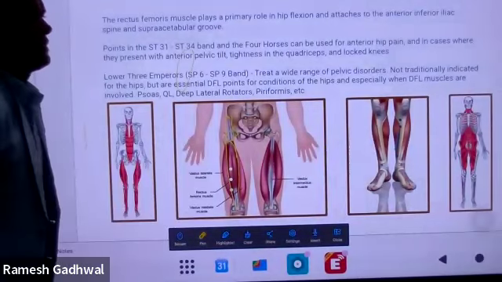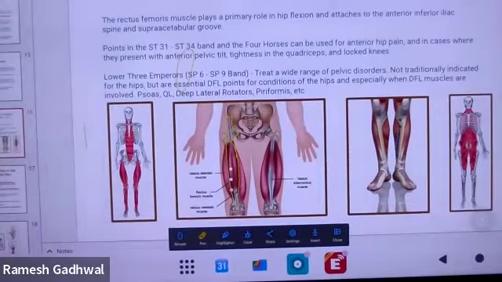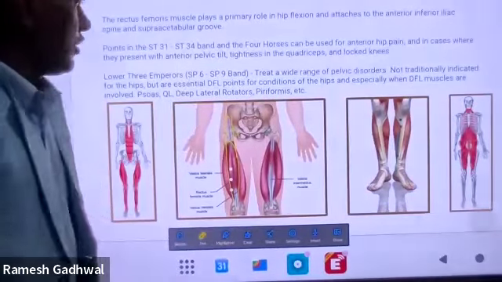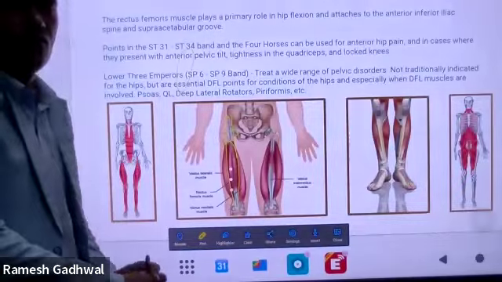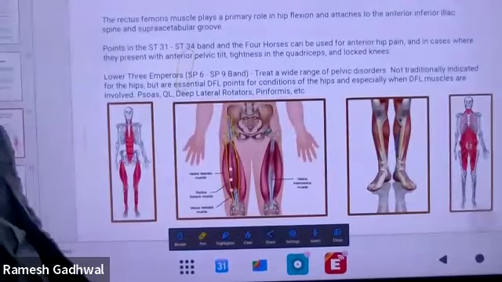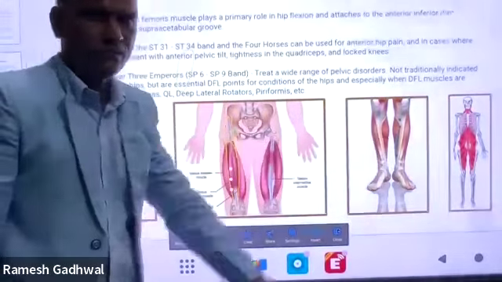So it is a great muscle with two actions, hip flexion and knee extension. If there is no power, then no one can keep the leg straight like this while lying down.